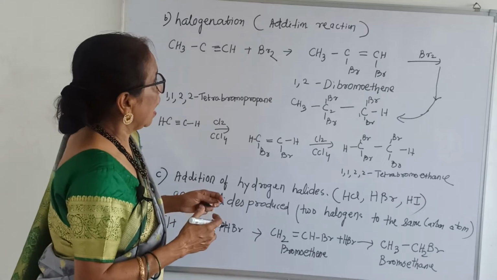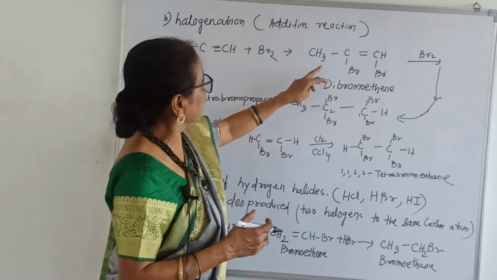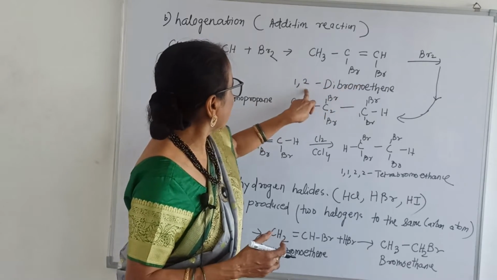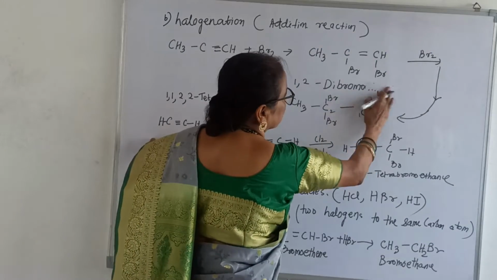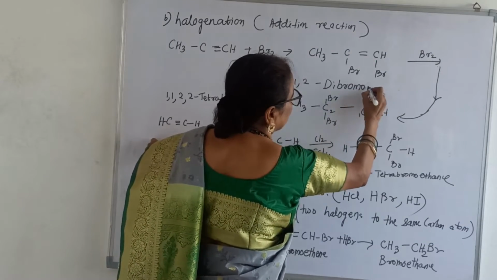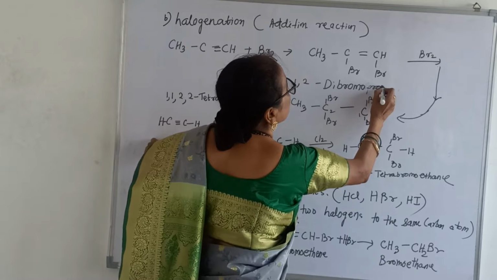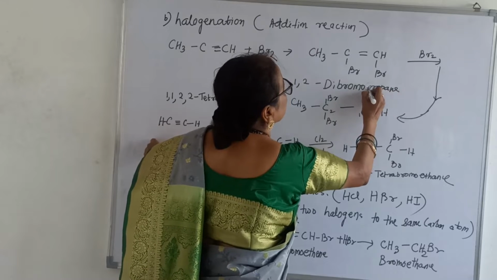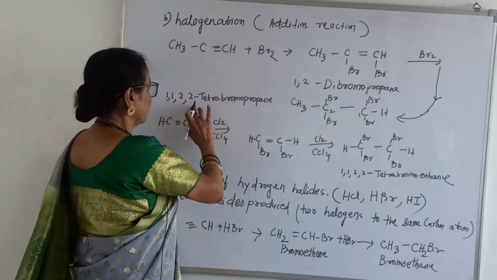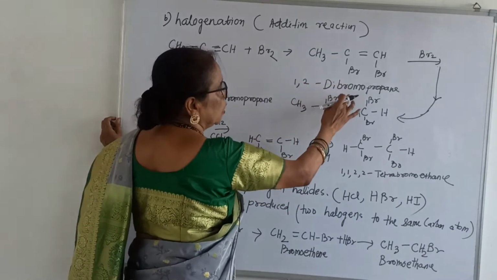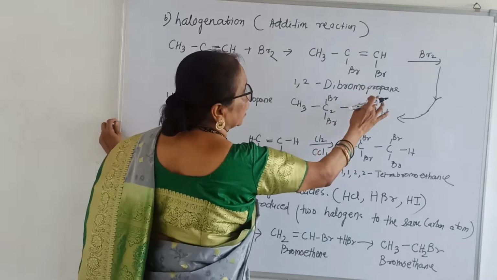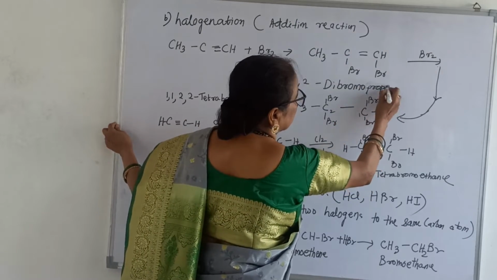Propane, it is not ethane, very sorry, this is not ethane, this is propane, because there are 3 carbons. So it is 1,1,2,2-tetrabromopropane, and here 1,2-dibromopropene, because of the double bond, so it is propene.